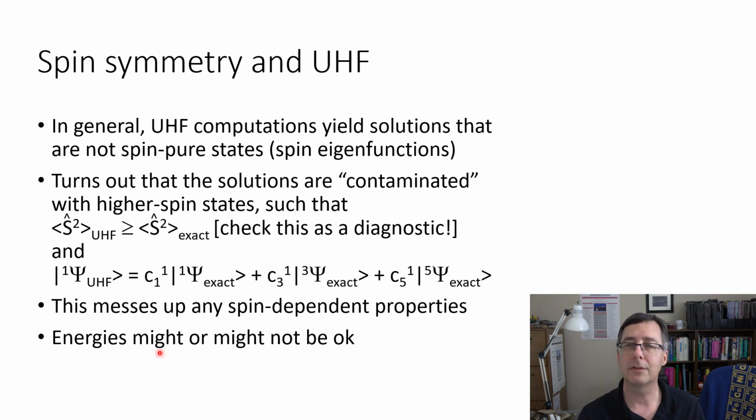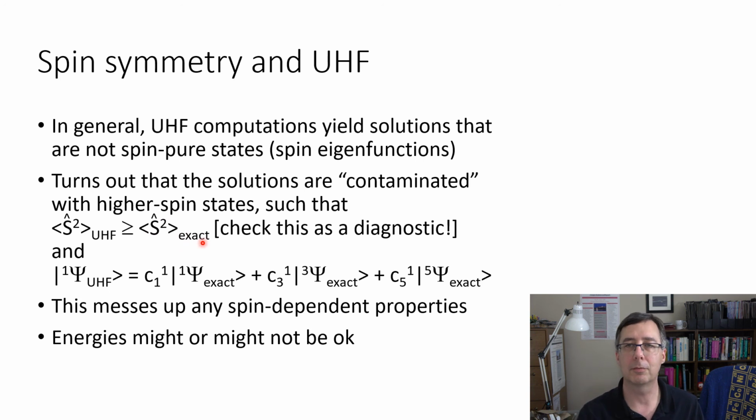The energies themselves may or may not be okay depending on the situation and how big the spin contamination is. So if you're doing a calculation on a radical and you know it's supposed to be a doublet and you use the UHF because it's easier to converge the orbitals, that's all fine, but you might want to compute the average value of S squared and just make sure that in atomic units it's around 0.75, which it would be for an exact doublet.